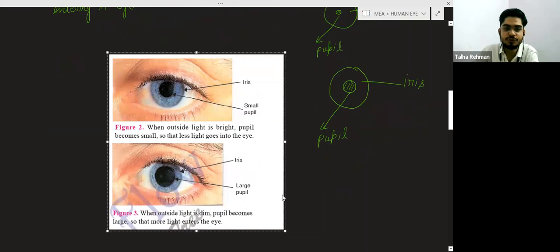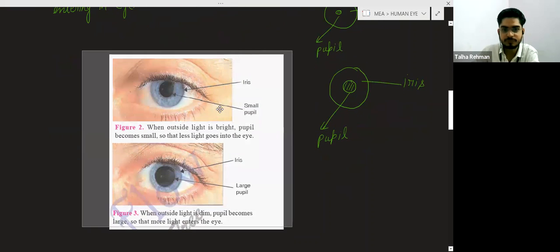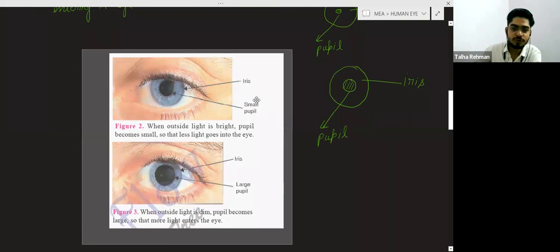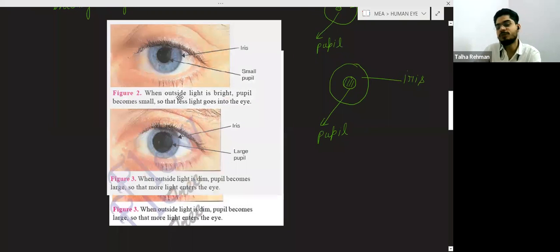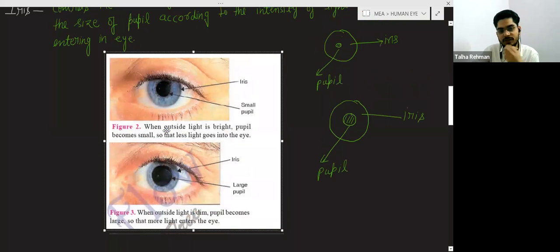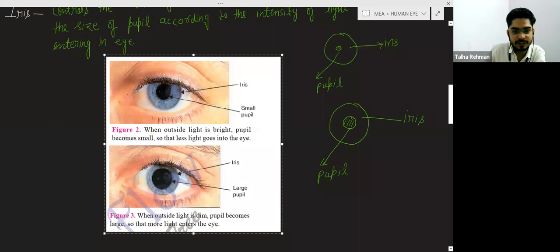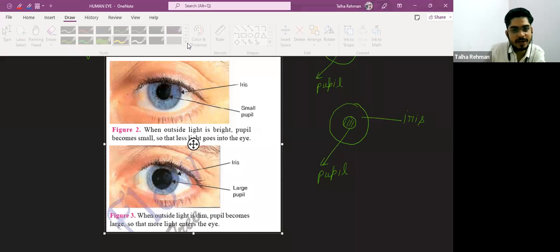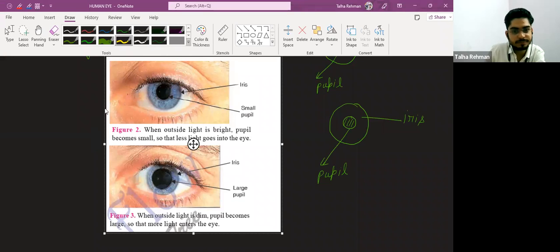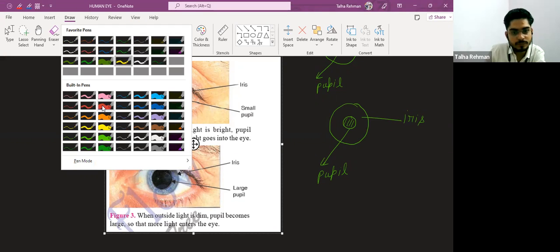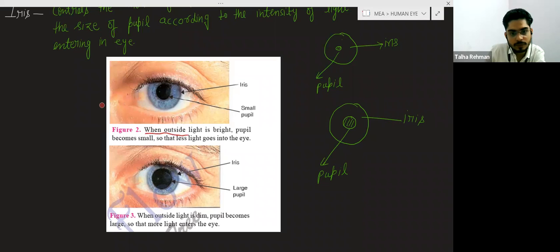Okay, so what you should do now: no need to draw this diagram, but you should write this statement. I am highlighting it. This statement you should write, and this diagram, do not draw this diagram.